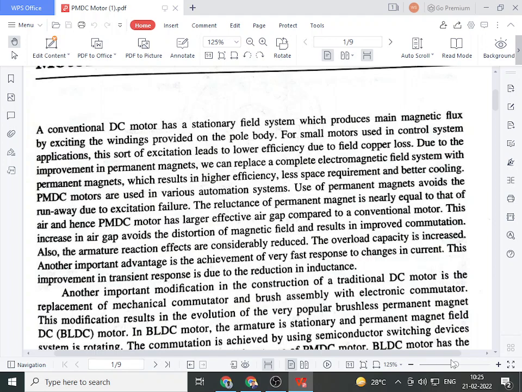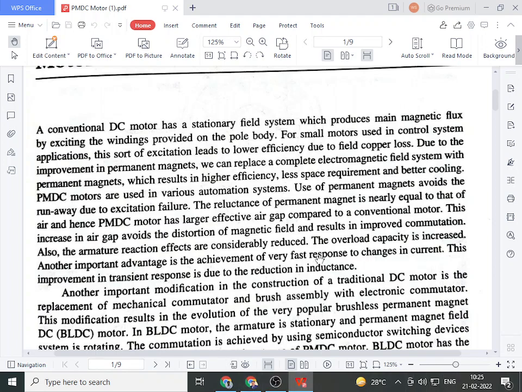I think all of you have seen such small DC motors. The DC motors present in a tape recorder or in small toys consist of magnets inside the field system, or inside the yoke structure. Such small motors are generally PMDC motors, which are permanent magnet DC motors.